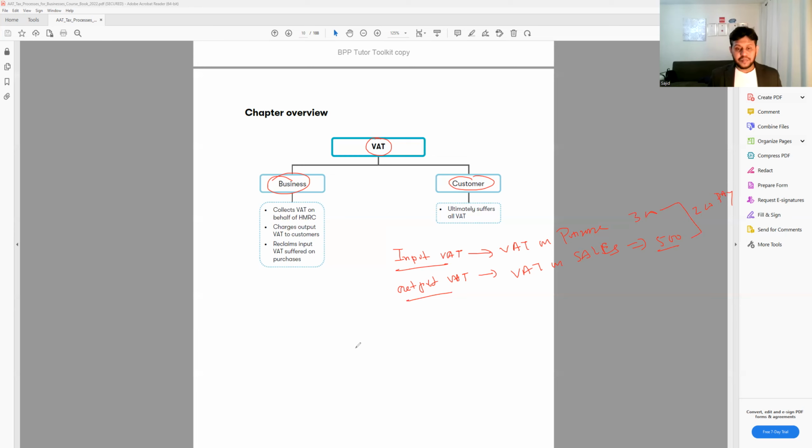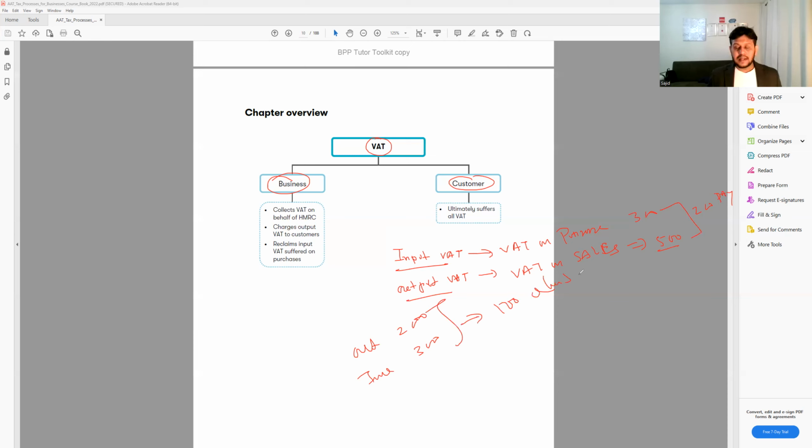Or for example, if my output VAT is 200 and my input VAT is, for example, 300, that means I paid more to the supplier than I collected from my customer. So what I'll do, I will just claim back 100.